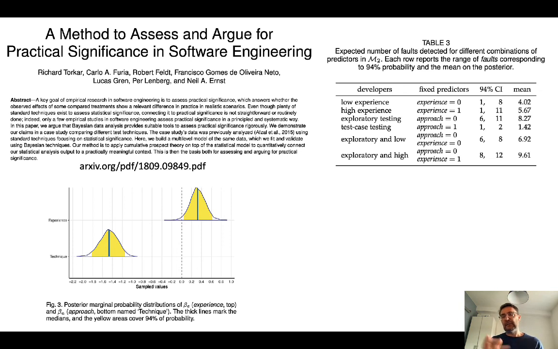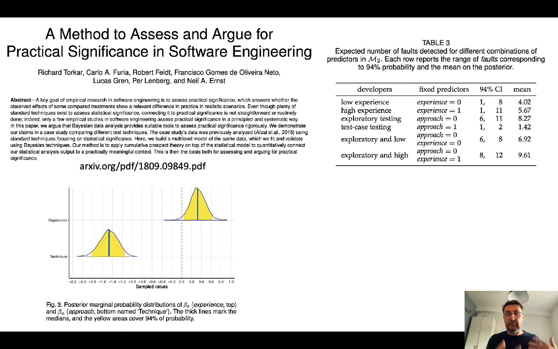You can see it in the paper, but then we run simulations of different situations. We can simulate, if we are creating a new project, whether we should have developers with low experience or high experience. Should we select exploratory testing or test cases, these traditional scripts?